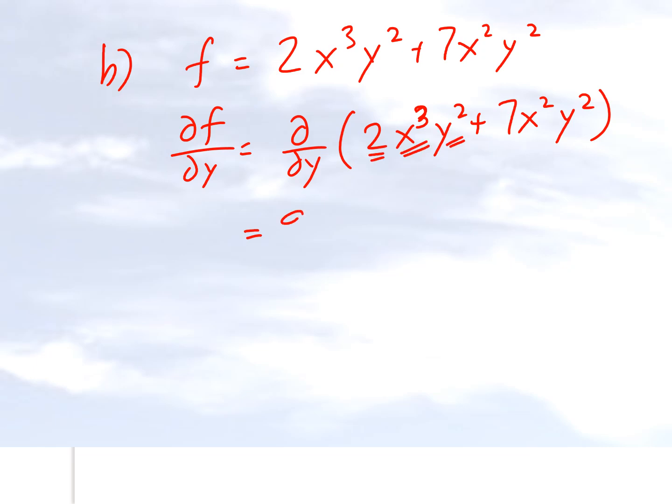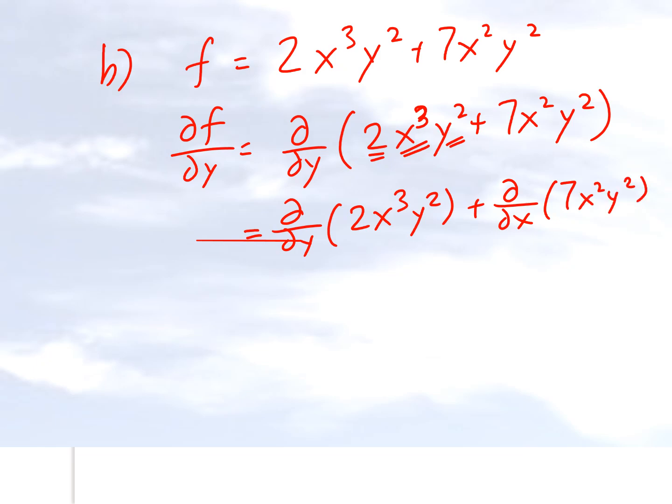So let's first break this down. Then we're going to take 2x cubed outside, because that's to be treated like a constant. This will be del by del y of y squared. Then 7x squared has to be taken outside.